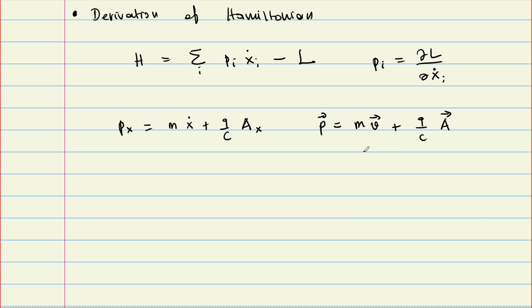Sometimes we call this one, it's a little bit of terminology, the canonical momentum. So this one we call kinetic momentum, and this one we call field momentum. So this is P is equal to P kinetic plus P field.